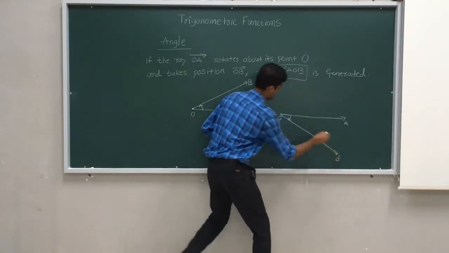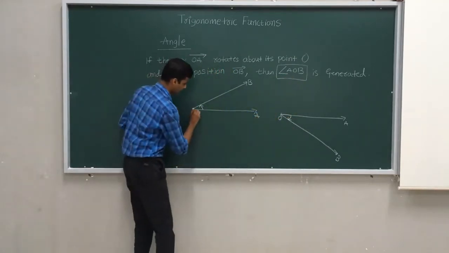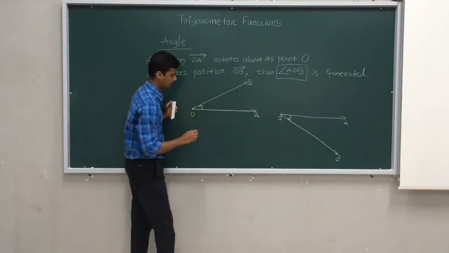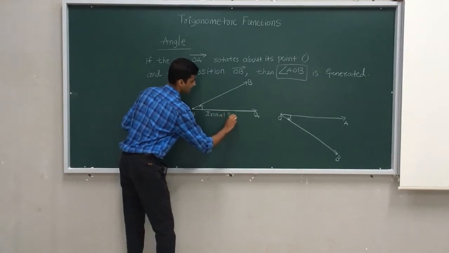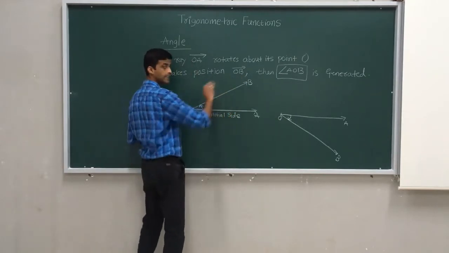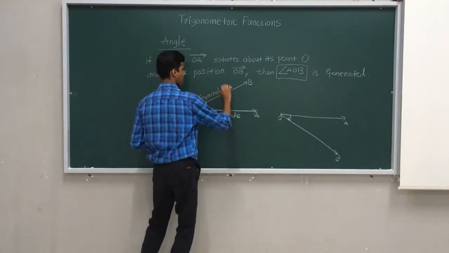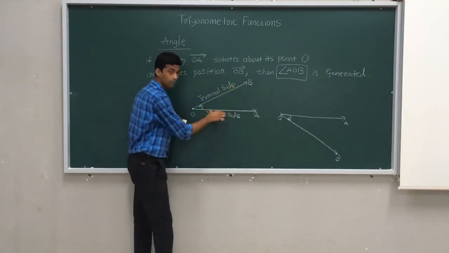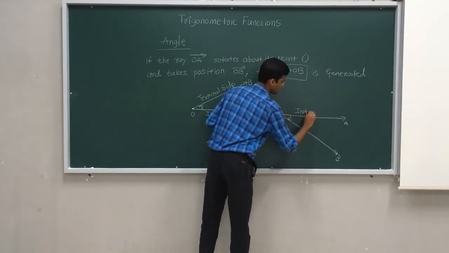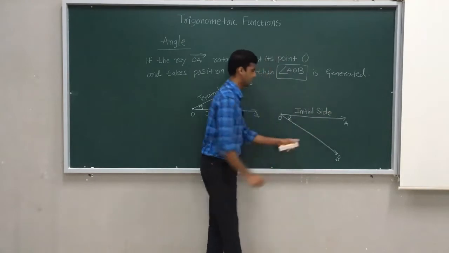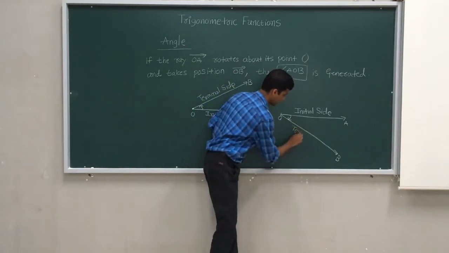I will call this B. The first one is upward, and I am moving down here. Therefore, this line is called the initial side, and this end is called the terminal side. So this is the starting point, this is the end point. This is the initial side, and this particular end point, after rotation, where it stops, is called the terminal side.